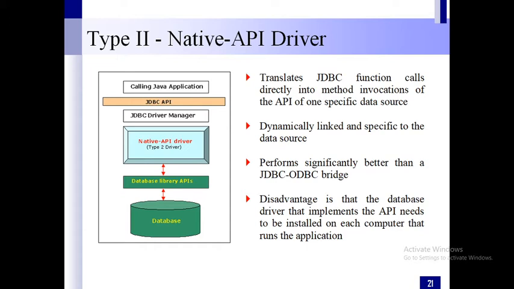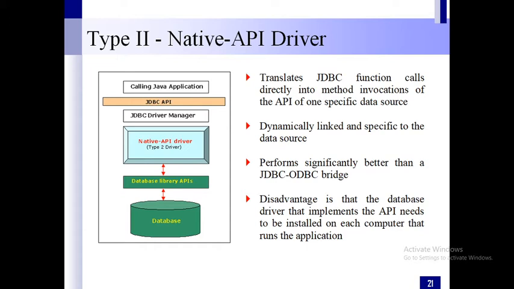Since there are no intermediate drivers here, the performance will be better compared to type 1. But the disadvantage is that the database driver that implements this API needs to be installed on each computer. Wherever you have an application, there you have to install the driver.